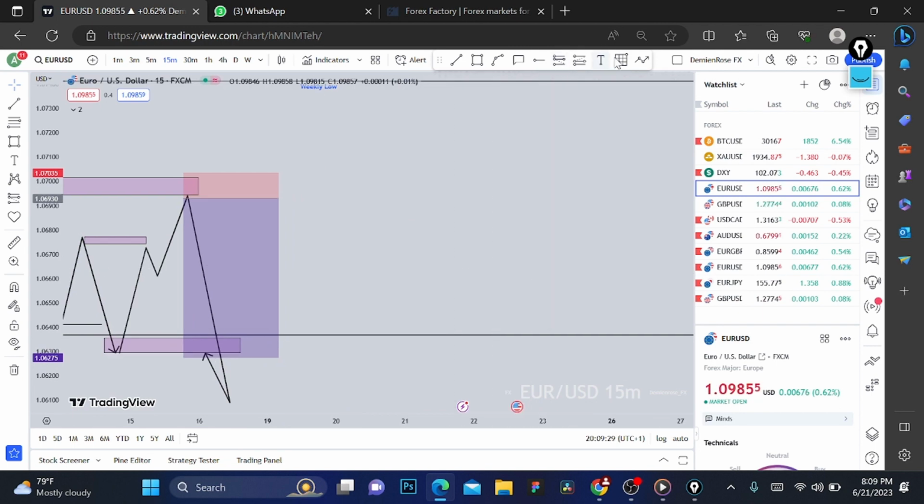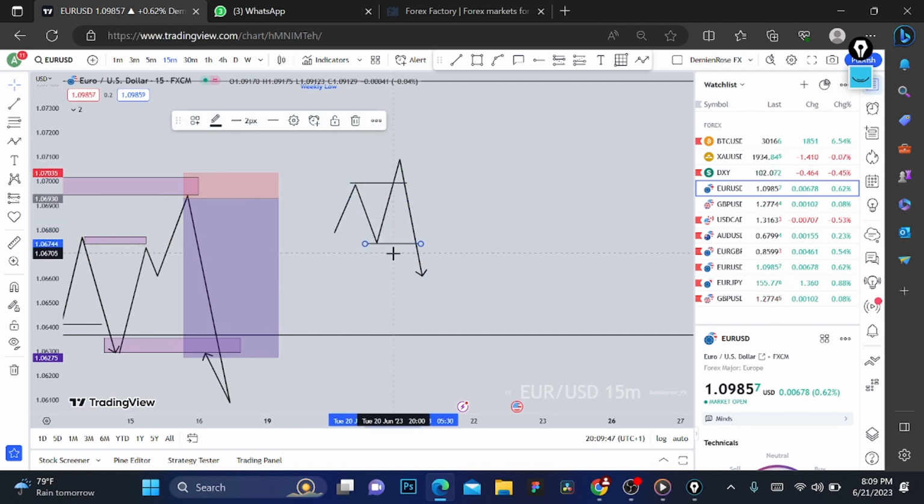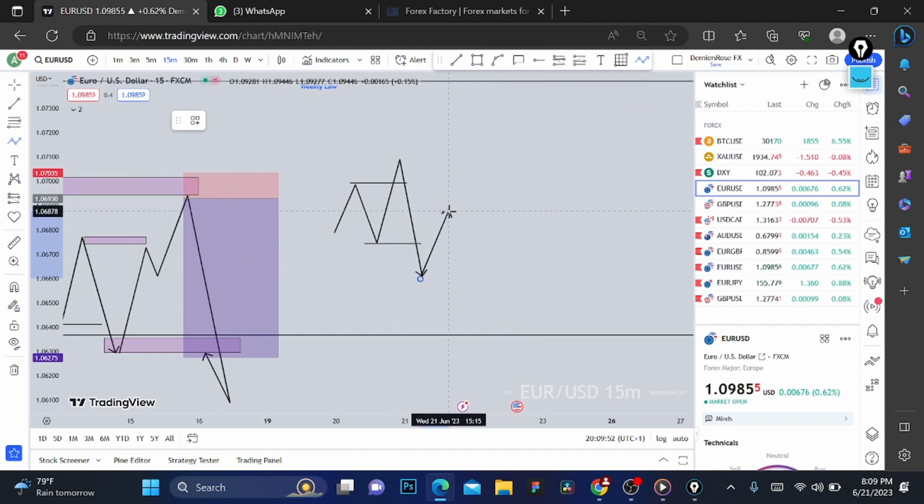So case two, like I said, price did a stop on break of structure here, then we trace up, then did a trend line, forming a trend line, and finally a break.